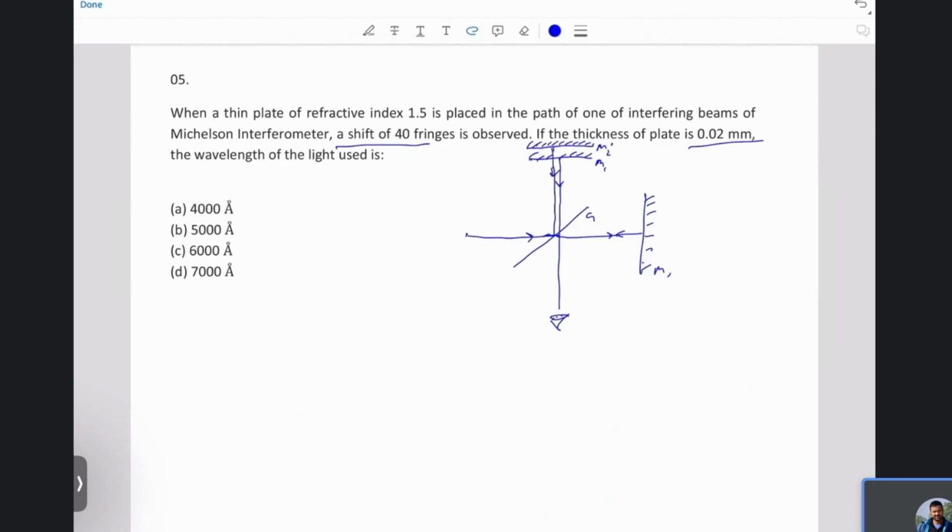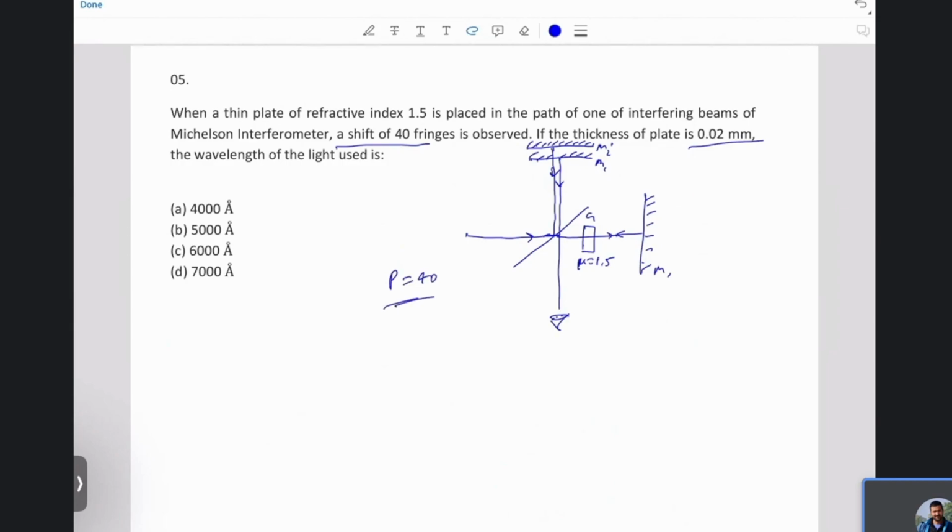Okay, so now we are introducing a thin plate, and its refractive index is 1.5. Okay, and the fringes shifted by, so the shift in the fringe P is 40.